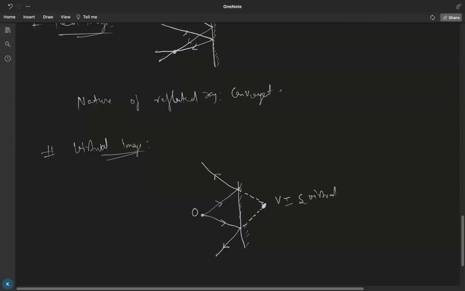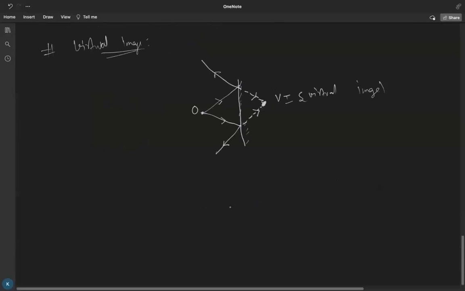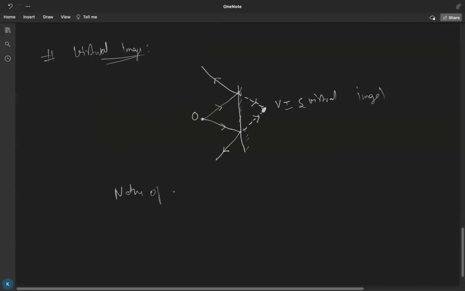So when you extend both of the reflected rays backward, you find there is an intersection point of the reflected rays, which forms the virtual image. Now, the nature of the reflected ray is divergent. So I hope it will be clear to all of you, right?